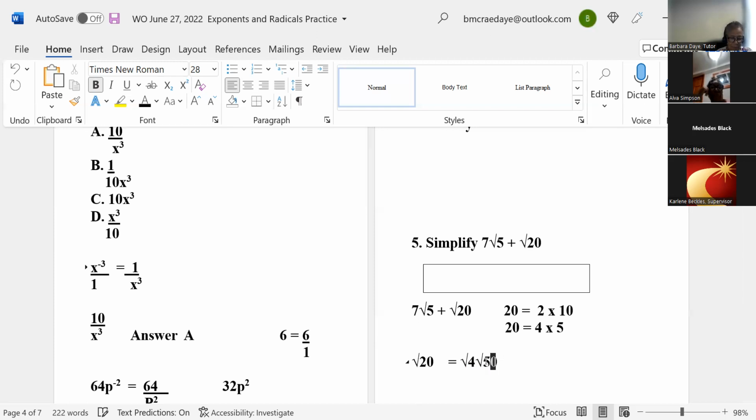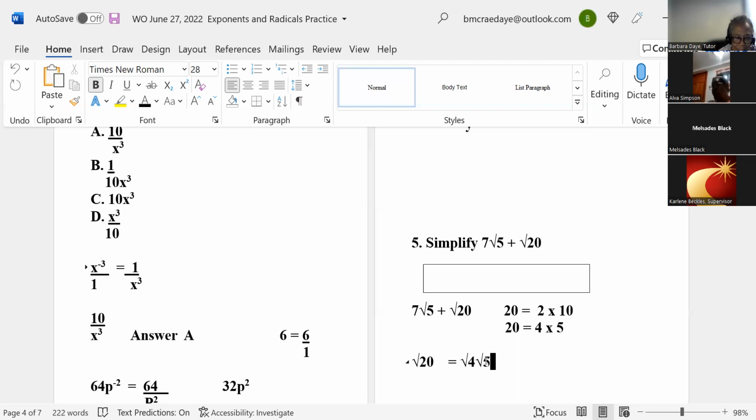Is that clear to everybody what we just did? Yes. That's the way I should have written it. You've got to factor the 20, and the 20 has 2 factors, and one of them is a perfect square root. So you always look for the factors that are perfect square roots.